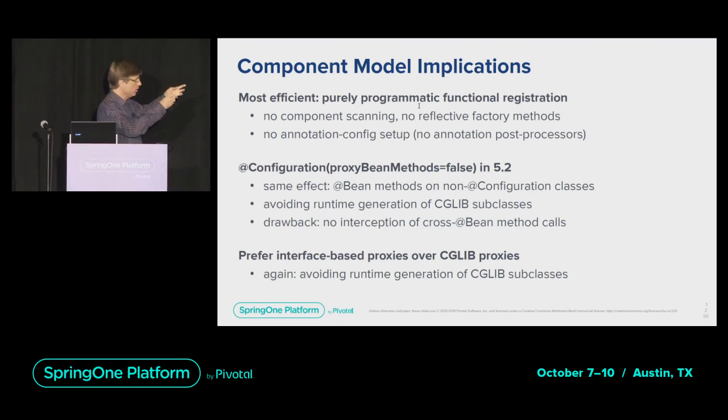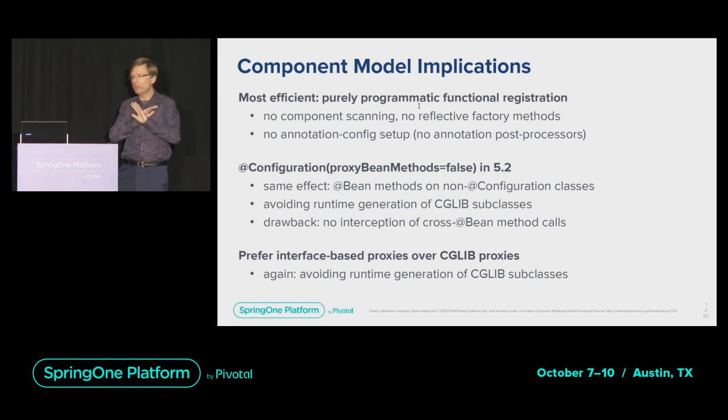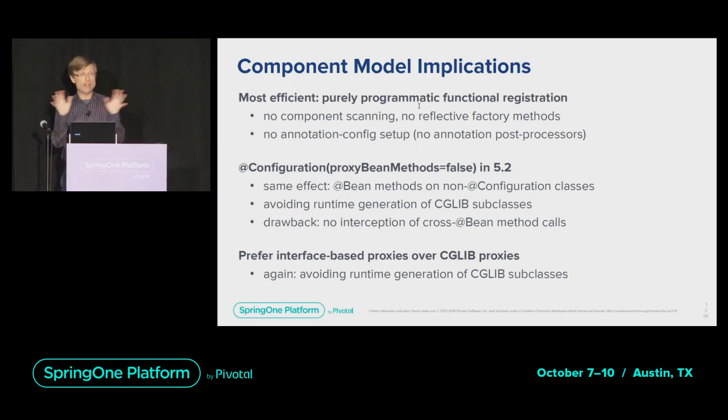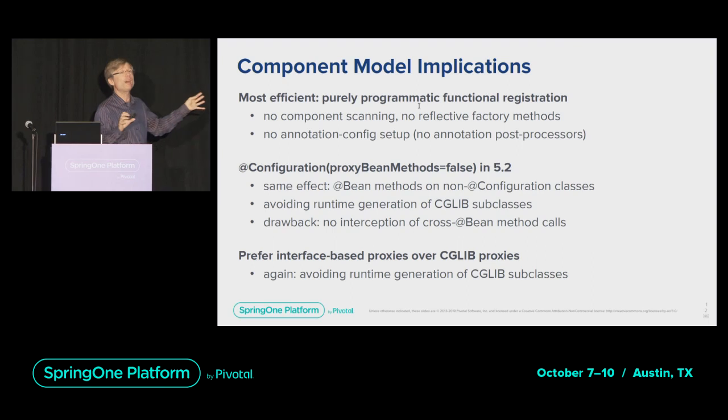Build a Spring application context, register exactly what you need and not more. Everything through the programmatic facilities, no component scanning, no reflection on factory methods or anything else. No annotation processors even registered at runtime. So no piece of Spring even tries to find an annotation.